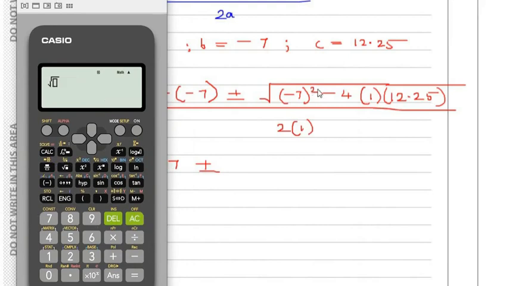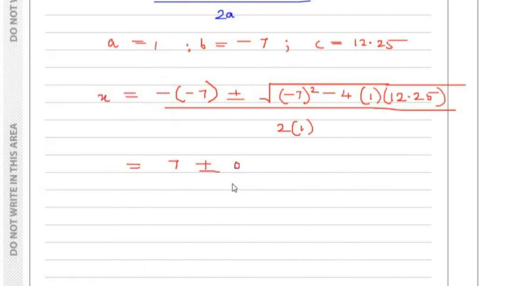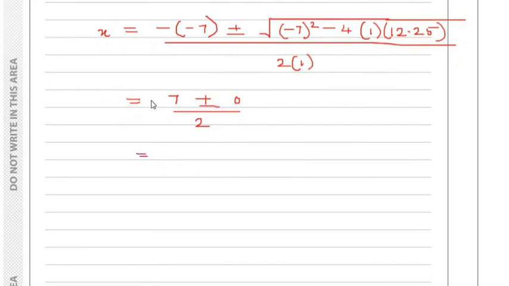So square root of minus 7 square is 49 and minus 4 times 1 times 12.25. So that gives us 0. So the square root becomes 0 over 2. So we have just one value of x, that is 7 over 2, or x is equal to 3.5. So this is the value of x where the curve and the line meet each other.